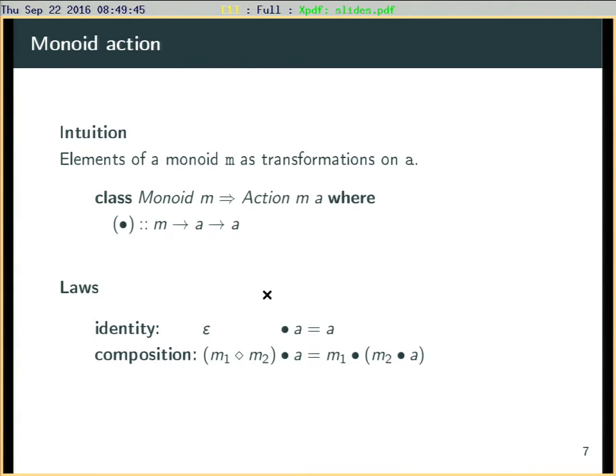So as a type class, we can capture it by this dot operation, which takes an M and an A and gives me a new A. Okay, and these laws just say that the interpretation as transformations is natural, in the sense that the identity element of the monoid is the identity transformation, and multiplication of elements of the monoid looks like composition of the corresponding transformations. Okay. So this is what I mean by a monoid action. Okay. So M dot A would be the monoid element M acting on A.